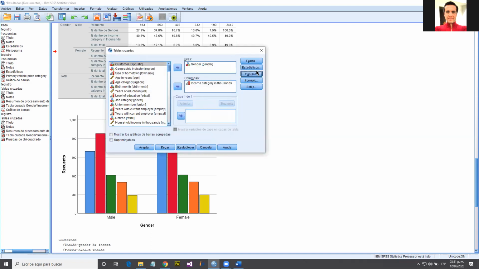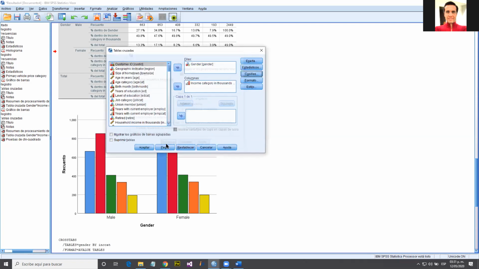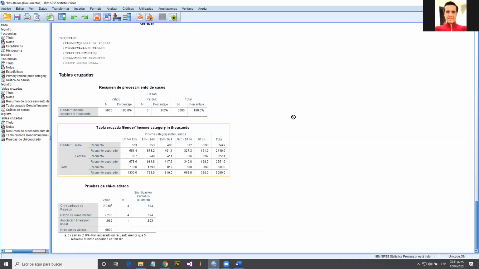And in cells, it's very important that you put observed and expected. Do not put the percentage, because that table is going to be very, very confusing. What is the result? You are going to get this result.